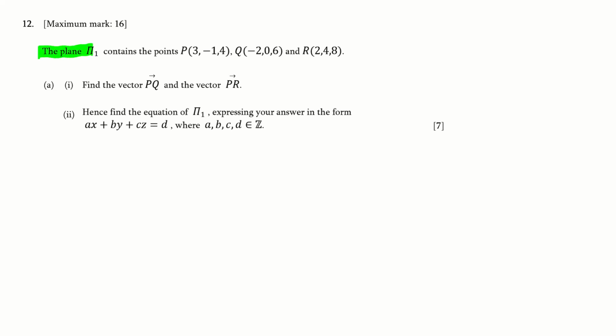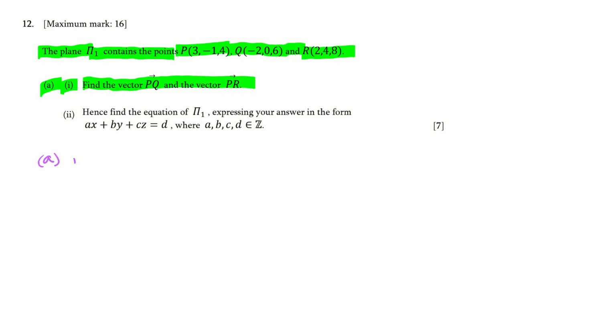The plane pi1 contains the points P(3, -1, 4), Q(-2, 0, 6) and R(2, 4, 8). In part A, part 1, we want to find the vector PQ and the vector PR.